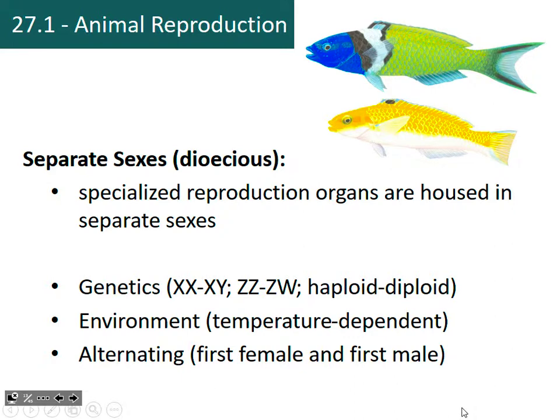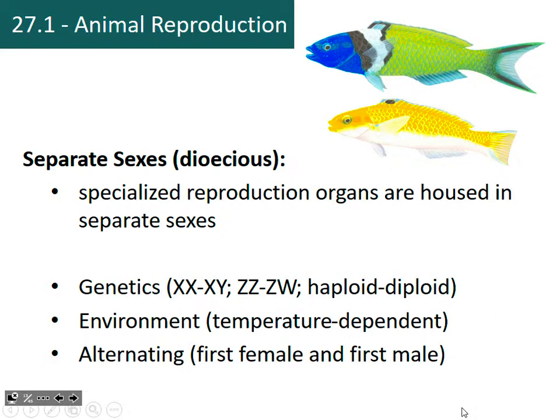In birds, it's ZZ/ZW, and so sperm-producing individuals are ZZ, and egg-producing individuals are ZW. And then we have these haplodiploidy systems, things like wasps and bees, where all of the sperm-producing individuals are haploid and all of the egg-producing individuals are diploid. And those males come from unfertilized eggs, like our parthenogenesis.